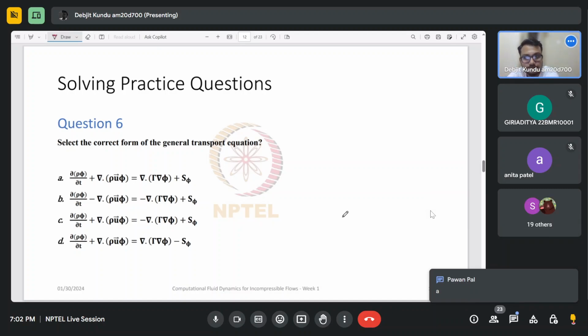Now, this general form you have to select from the four really nasty looking differential equations which I have compiled here.